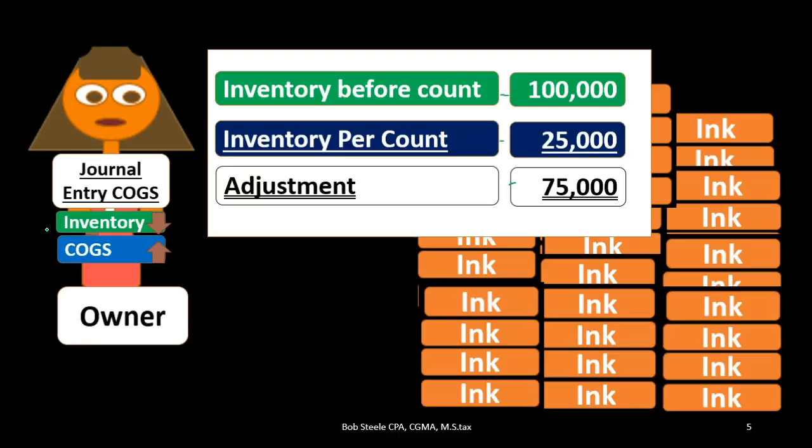And note that that is not true because, of course, there could be something like shrinkage or theft or something like that. In a perpetual system, the physical count will be used in order to double check that the inventory is correct, to check to see whether or not there were problems such as shrinkage, problems such as spoilage, theft, breaking inventory, and it'll be able to pick those components up.